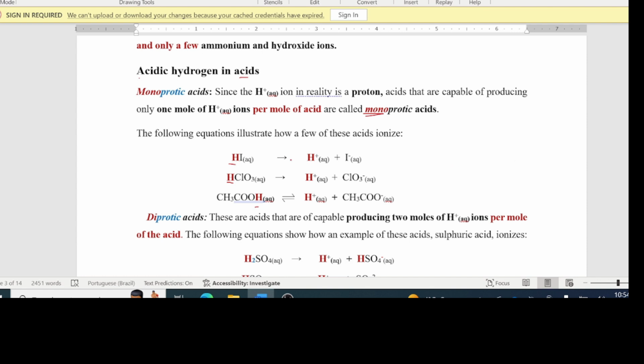These are capable of ionizing to produce 1 mole of H plus per mole of acid. Even if this is a weak acid, it can produce an entire mole of that, because what should happen? If you try to neutralize that acid with a base, I'll just introduce this quickly, it reacts with this guy here, the base will produce this, and it forms water.